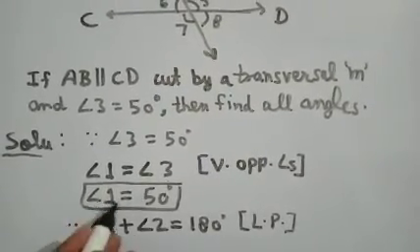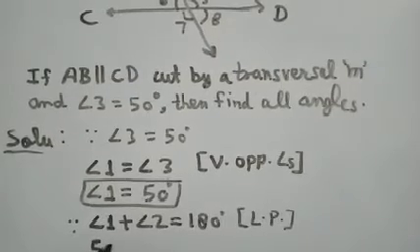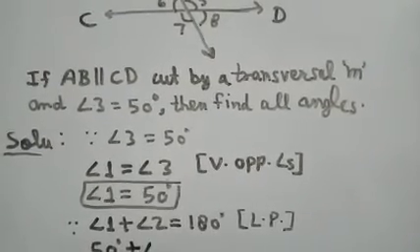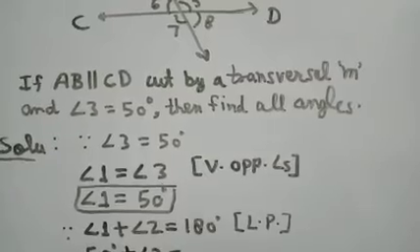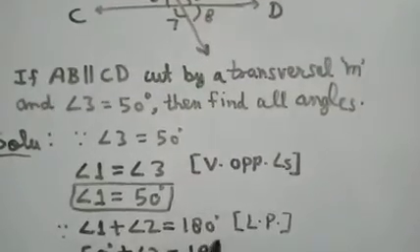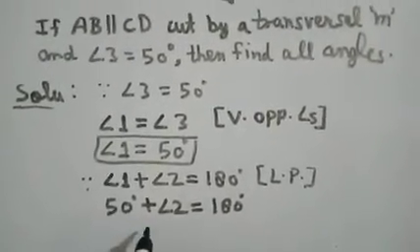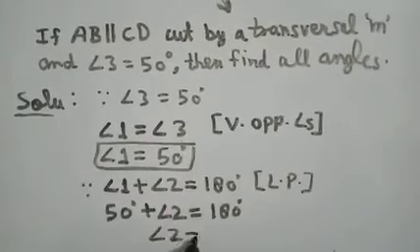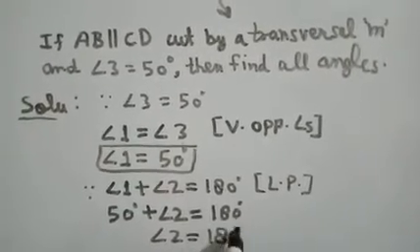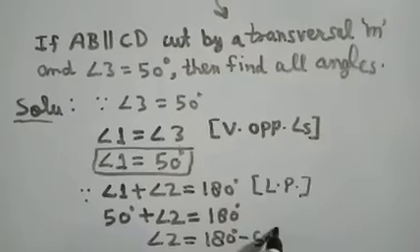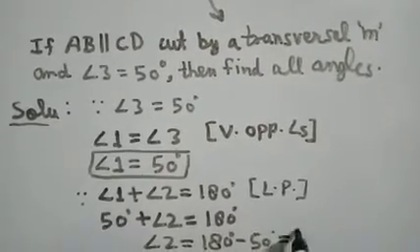So substitute the value of angle 1, that is 50 degree, plus angle 2 is equal to 180 degree. Now you have the value of angle 2 as well, 180 degree minus 50 degree, that is 130 degree.